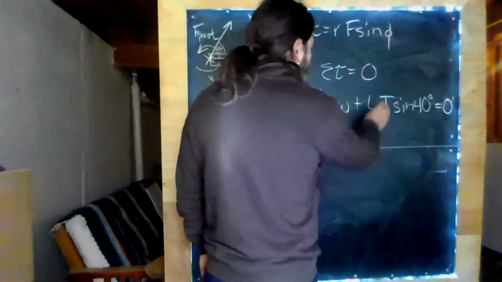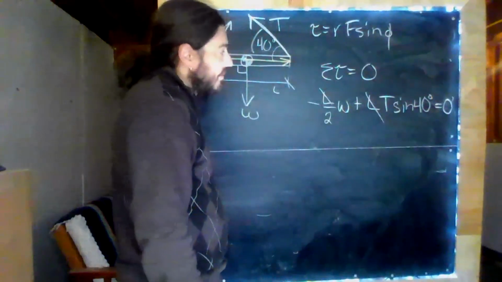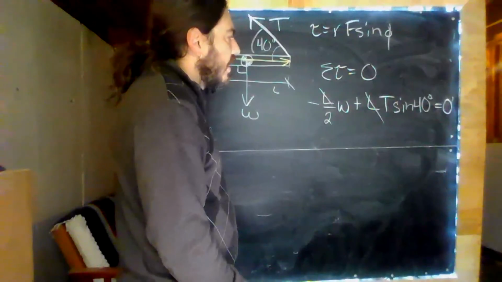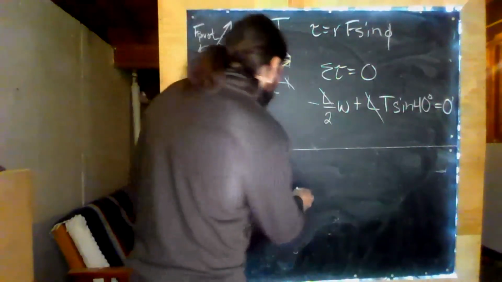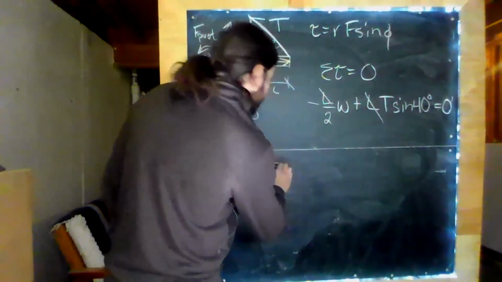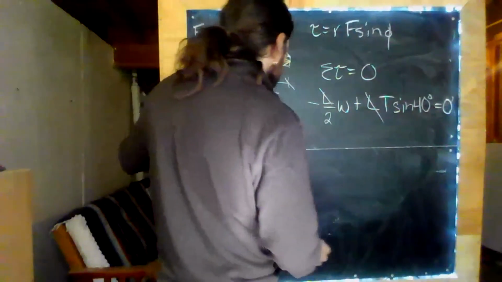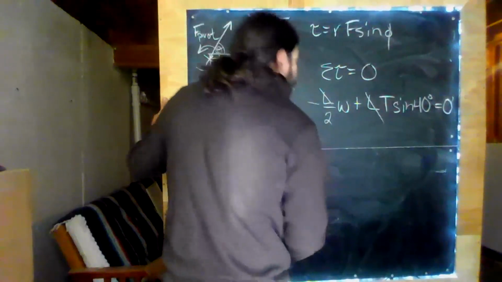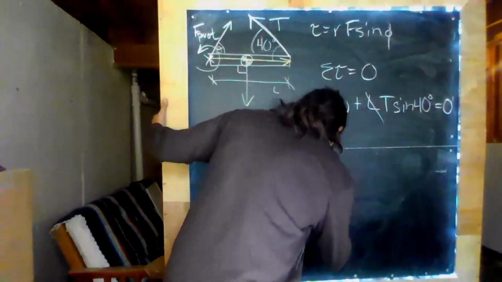Notice again my L's cancel. That's nice. And so we can do some solving, and we end up with T equals W, which is mg, over 2 sine of 40.